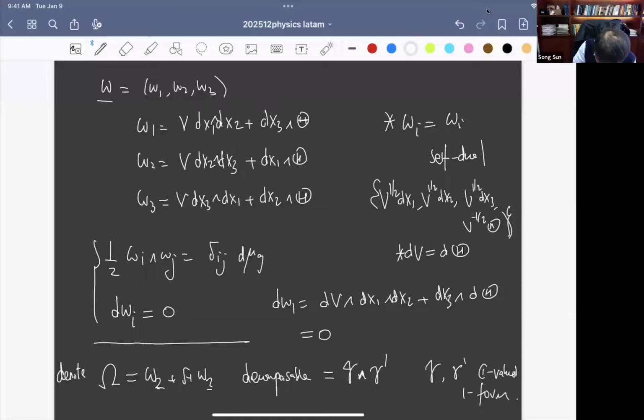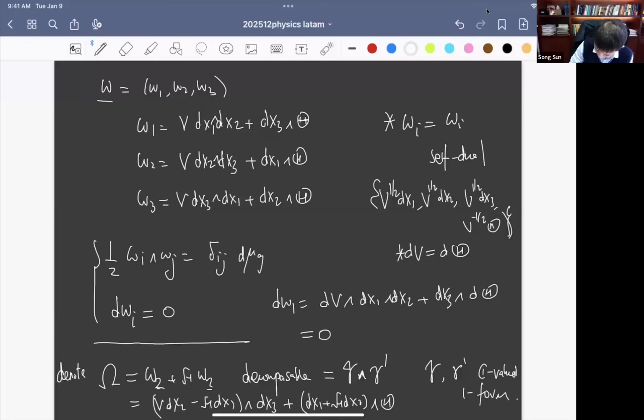So what is this omega 2 plus I omega 3? It's V dx2 minus square root of -1 dx1 wedge dx3 plus dx1 plus I dx2 wedge theta.